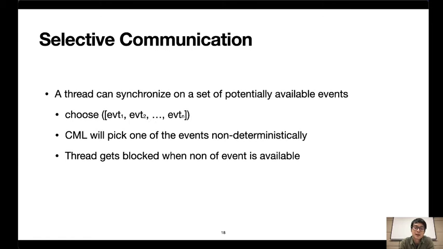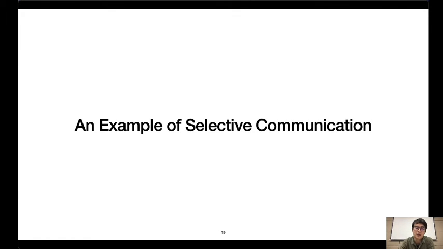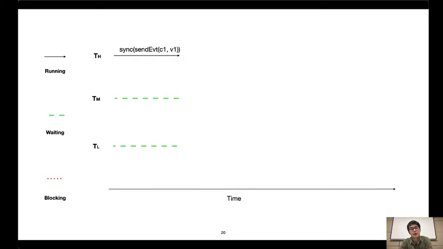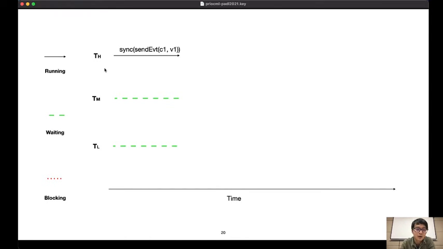And let's see how the priority plays when we consider a selective communication. And we have another example. This example has three threads, a high, a medium and a low priority thread.